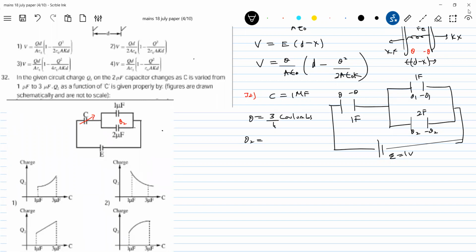Q2 should be equal to the charge divider formula, Q into C1 by C1 plus C2. Q is 3 by 4, C1 is 1 by 1 plus 2. So this will be 1 by 4 coulomb.